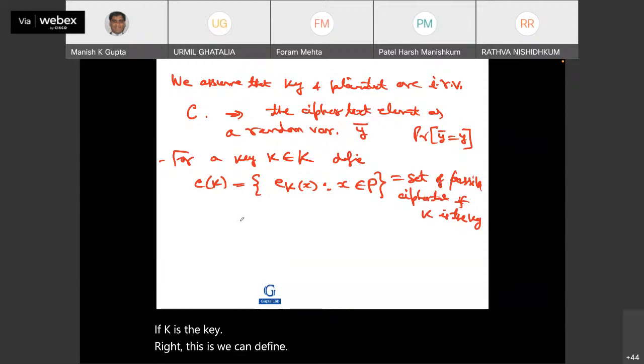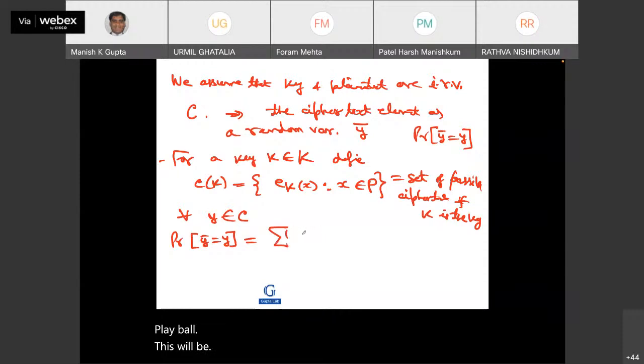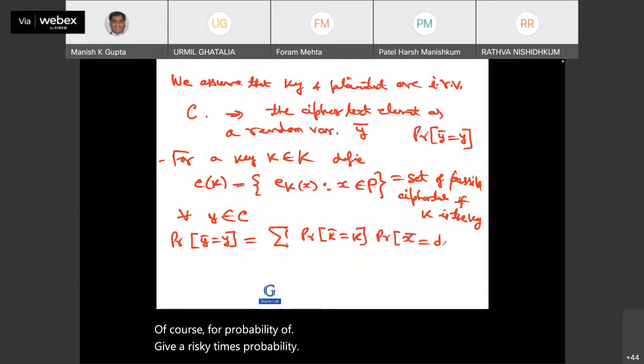So that means for every y in the ciphertext space C, I can compute this probability Pr[y bar = y]. This will be the summation, of course, of Pr[k bar = k] times Pr[x bar = d_k(y)].